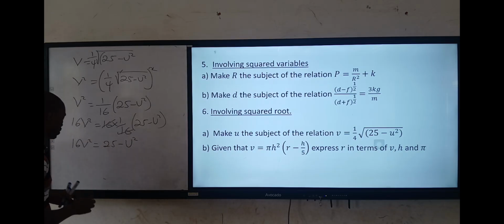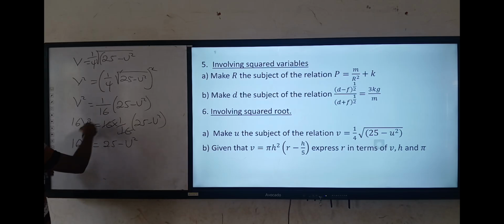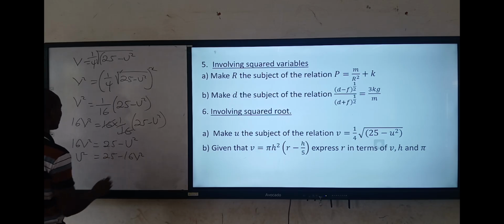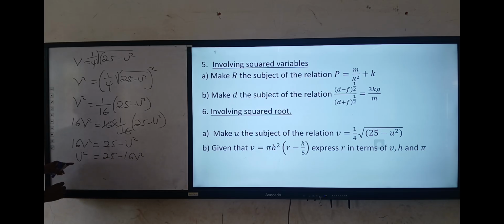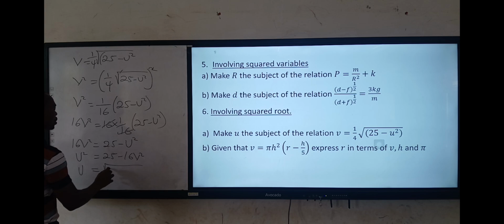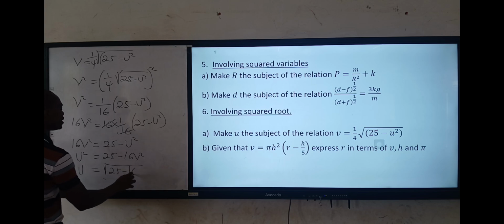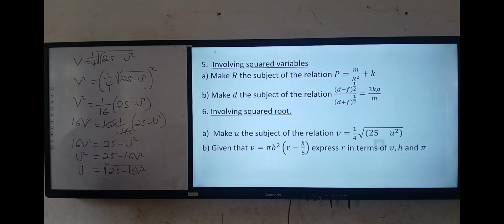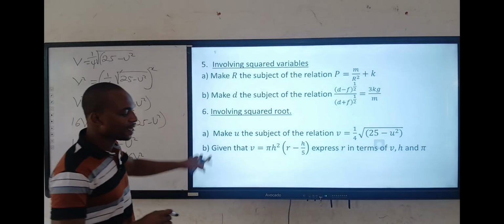Since we want u to be the subject and it's negative here, let's move it to this side and move the 16. So it becomes u squared to be equal to 25 minus 16v squared. We want the u, not u squared, so we take square root on both sides. So u is equal to square root of 25 minus 16v squared. So this one becomes the answer for the A.